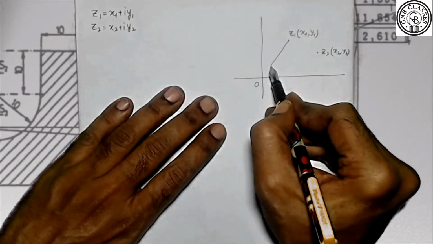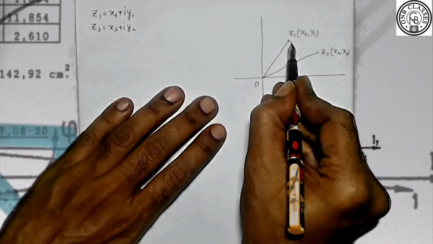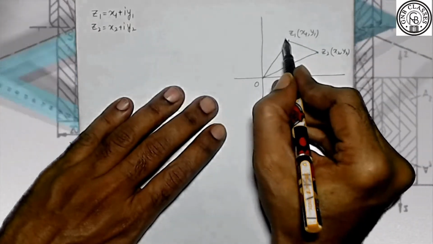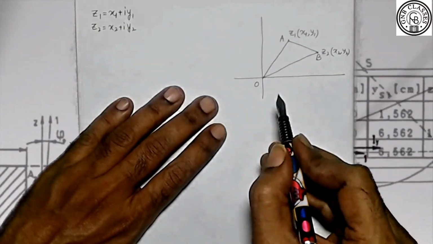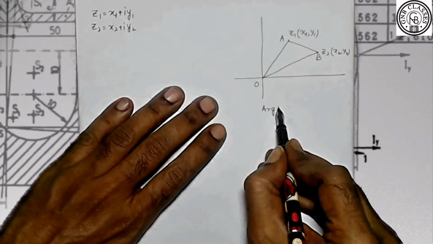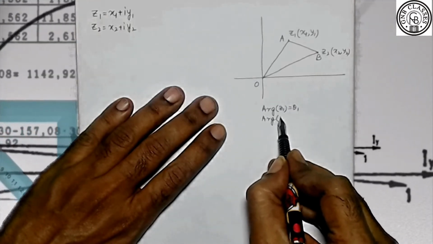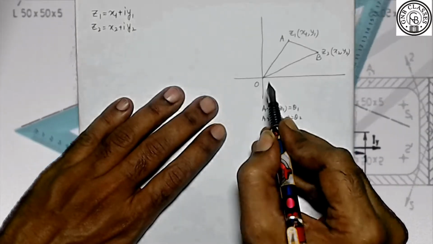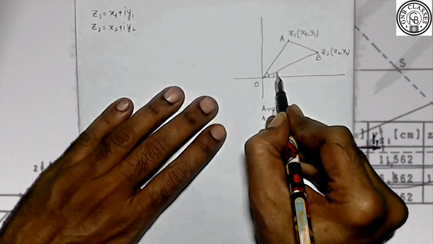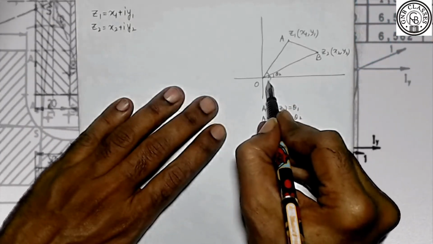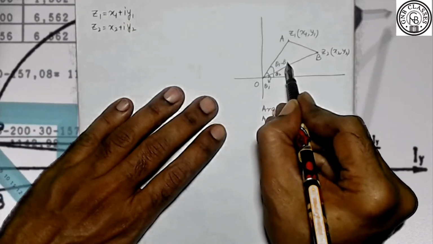So if I join this and this, let us give a name. This point be A and this point be B. Let us assume that the argument of z1 is theta 1 and the argument of z2 is theta 2. That is, this angle is theta 1 and this angle is theta 2. So this angle is nothing but theta 1 minus theta 2. Is it clear?